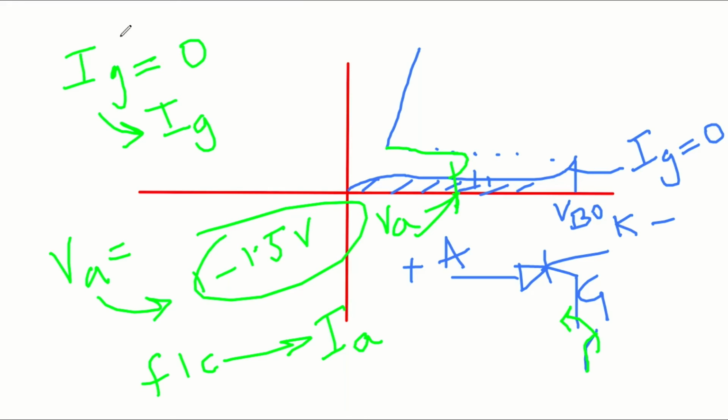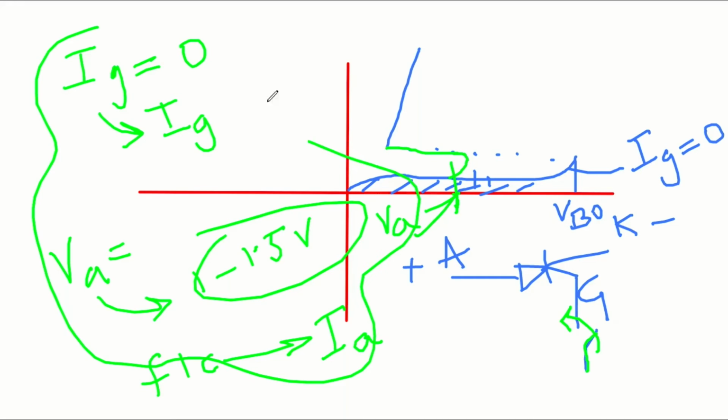But you can see that although this takes place very quickly, it does take some time, and that time for transitioning from forward blocking mode to forward conduction mode, or from turn off to turn on, is known as the turn on time of SCR.